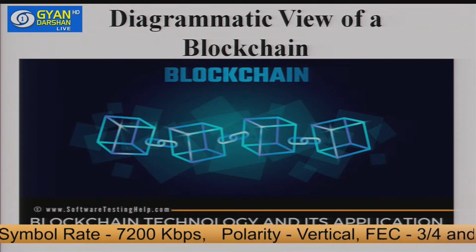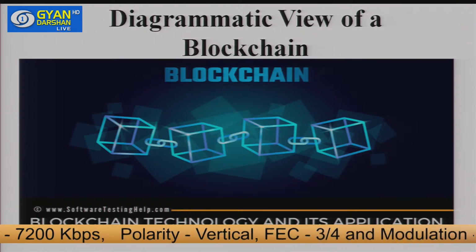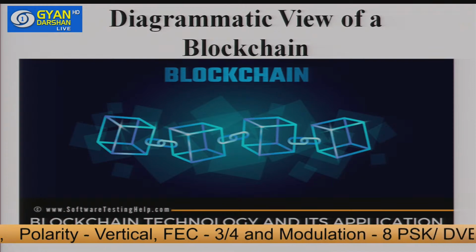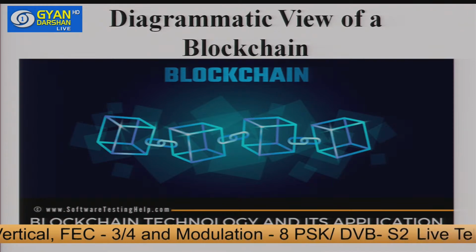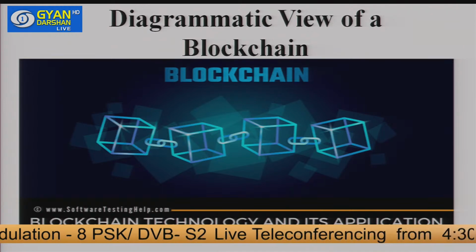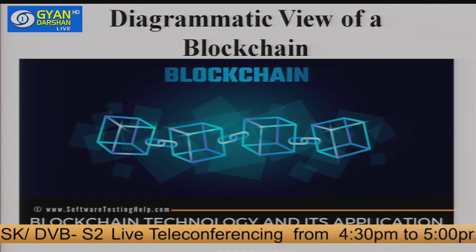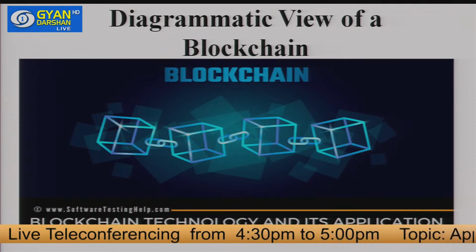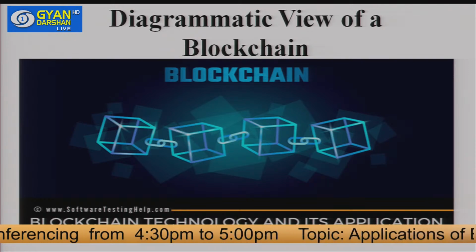To improve trust and avoid cyber attacks, the transaction has to take place in this blockchain technology. That is the use of this blockchain technology. The blockchain will look like this.